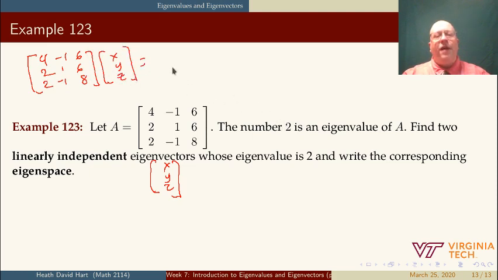Because 2 is the eigenvalue, the vector got 2 times bigger. And so the answer will be (2x, 2y, 2z).